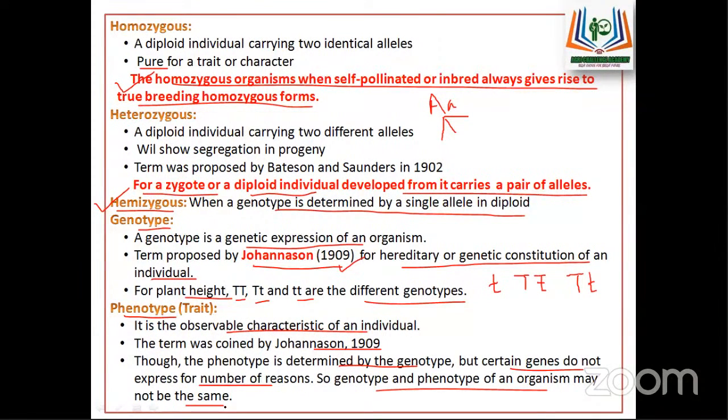So there might be numerous reasons why the phenotype is not an exact expression of the genotype. That's why genotype and phenotype of an organism may or may not be the same.